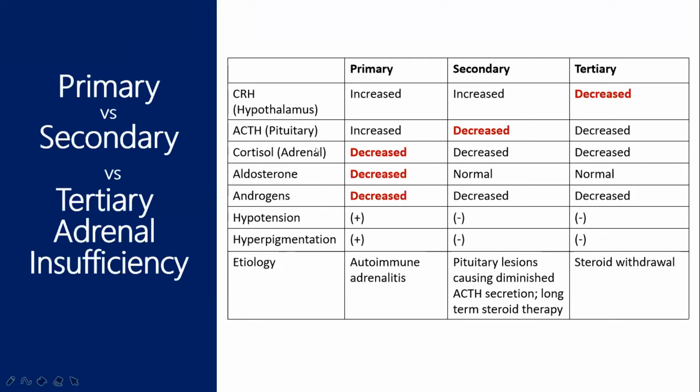In primary adrenal insufficiency, there would also be an increase in ACTH as well as an increase in CRH in an attempt to increase the production of cortisol. But again, since the adrenal glands are already destroyed, there is a decrease in cortisol production. In primary adrenal insufficiency, it's important to note that there would be hypotension and hyperpigmentation.